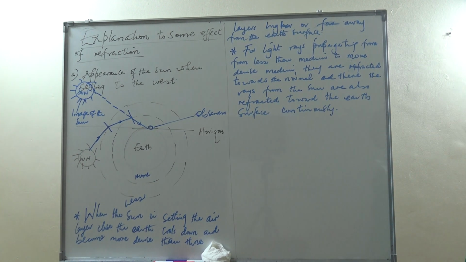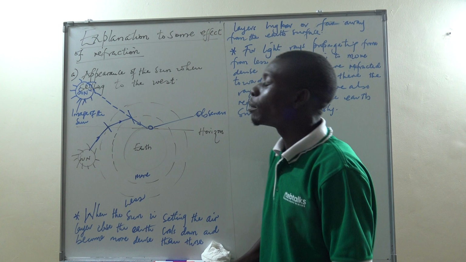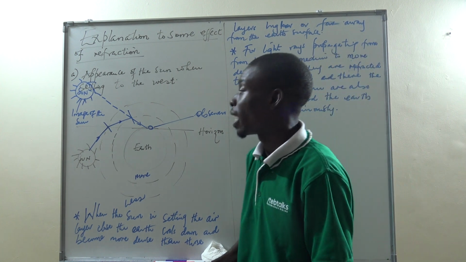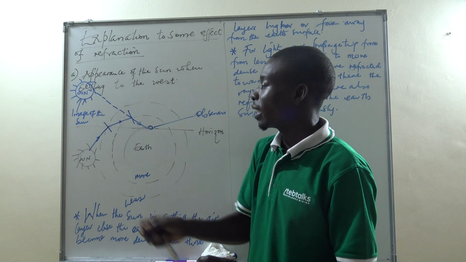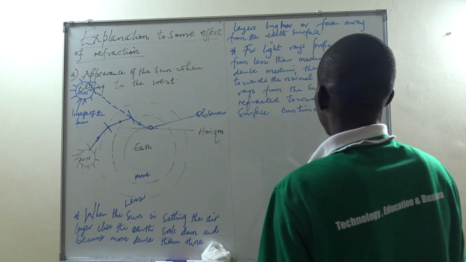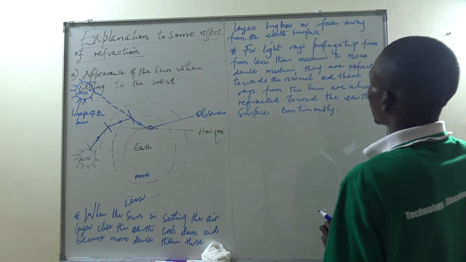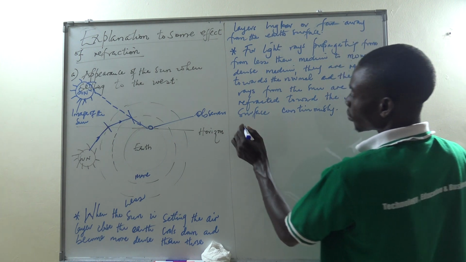Okay? So light rays moving from less dense to more dense are refracted towards the normal, and the light rays from the sun, therefore, will also be refracted towards the Earth's surface continuously.